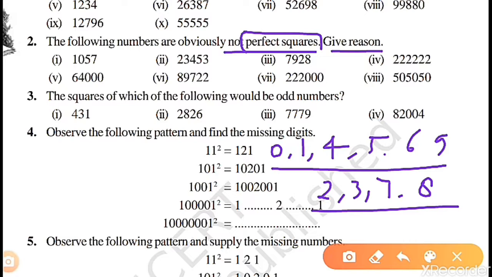Here there is a confusion with the 0. For example, 10 is ending with 0, but it is not a square of any number. So we have put 0 in the category of digits that perfect squares can end with, but although a number may end with 0, it may not be a perfect square.